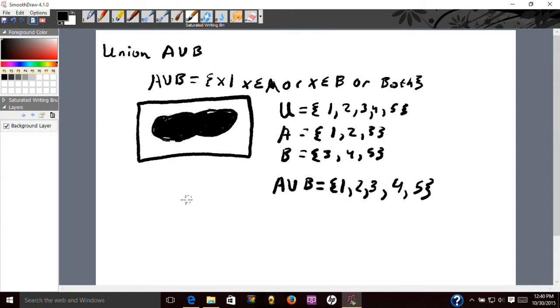So the question that you need to be asking here is, what does A or B have, or both? What does A contain? What does B contain? And what do they both contain? Must be included in their union.